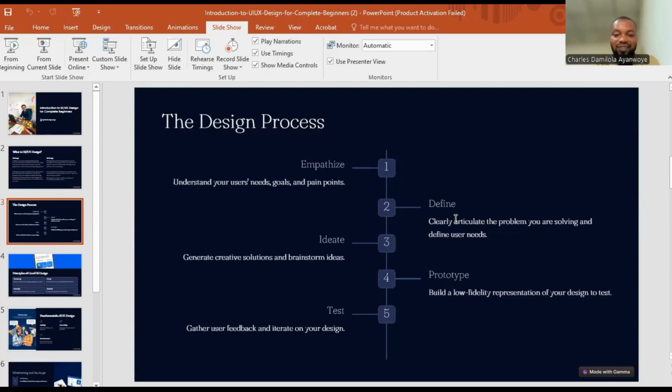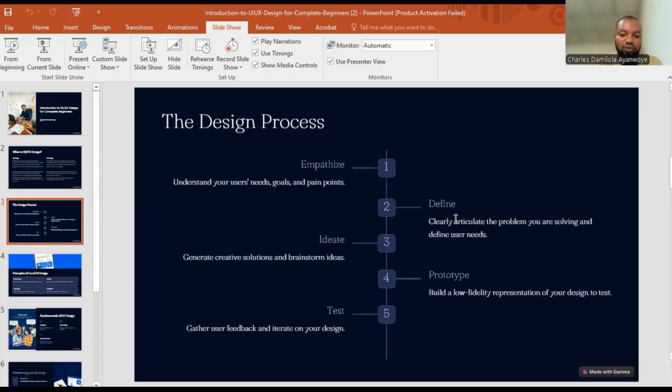Although even after creating the real design that will be pushed out there, you're still going to test and get feedback from users. But for now, prototyping or building a low fidelity representation of your design will help you get a reasonable amount of information or feedback that can inform how your final design that will be pushed out there will look like.